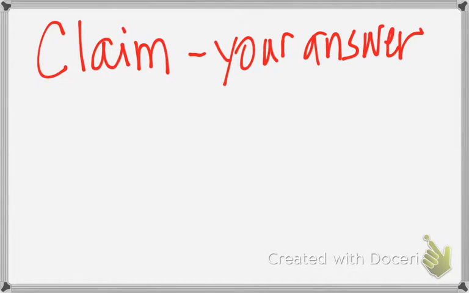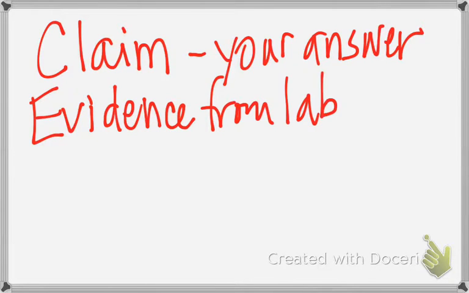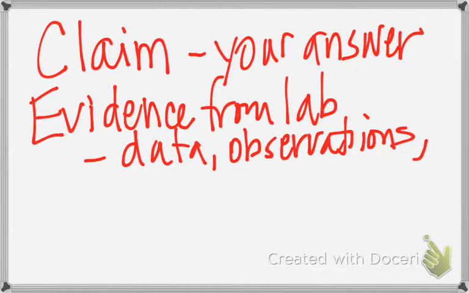Okay? You must support your claim with evidence from the lab. That could be our data, that could be observations, and that can also be what you know from your reading.